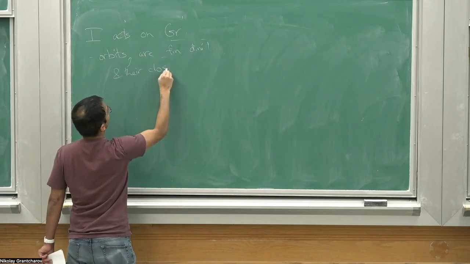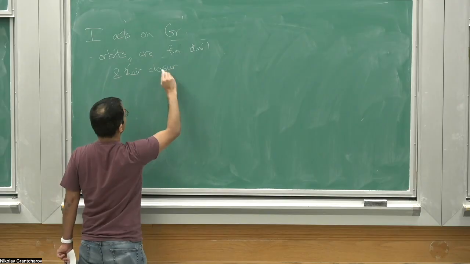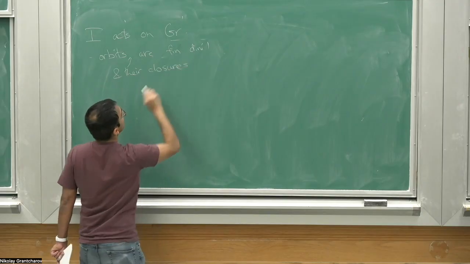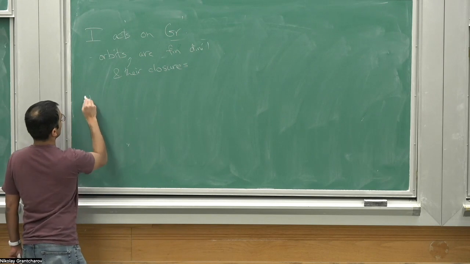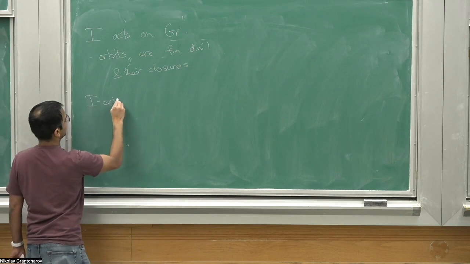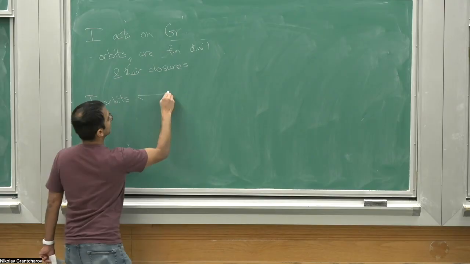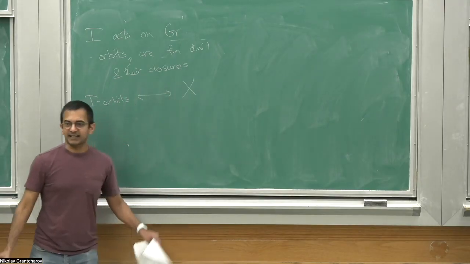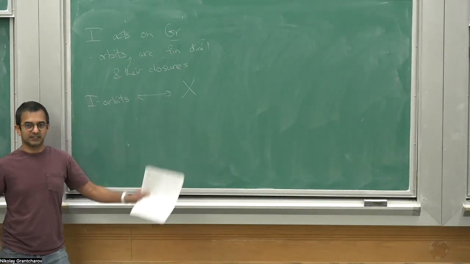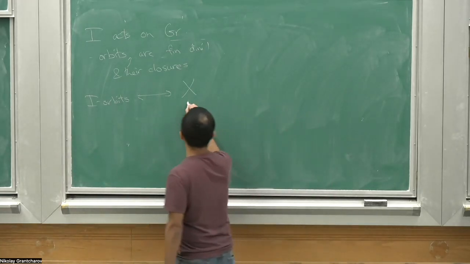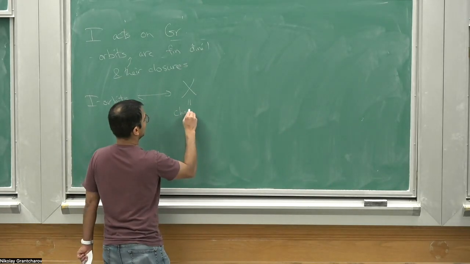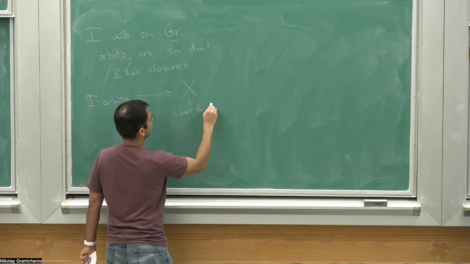The closure of each orbit is an ordinary projective variety. There's a bijection between I orbits and X. And this is the same X as earlier in the talk. So this is characters for T or co-characters for T check.